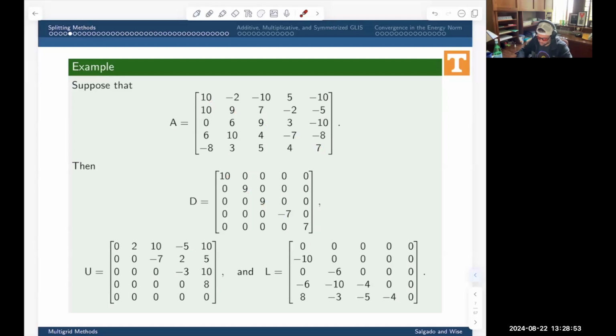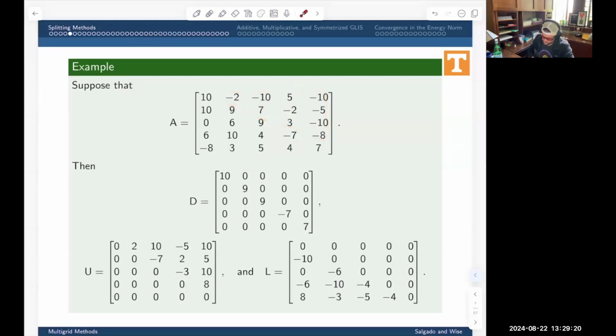Now, what about U? U is defined such that minus U is the strictly upper triangular part of A. So let's take the strictly upper triangular part of A and throw that into a matrix, but in defining U, we switch all the signs from minus to plus and plus to minus.